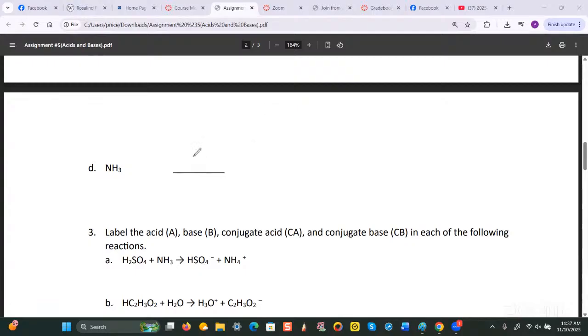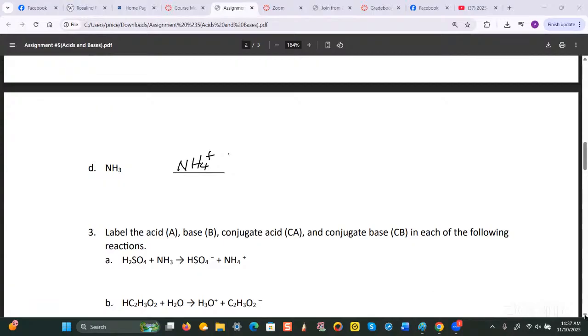NH4, okay, but you're adding H plus, so there's something missing, a charge. So what's the charge? Plus. Exactly. And that's it. All right. Okay, so that's number 2. Let me clear this, and let's move on to number 3.